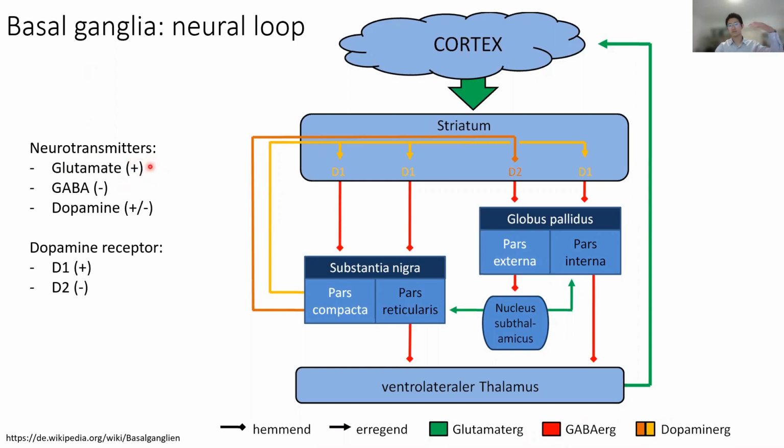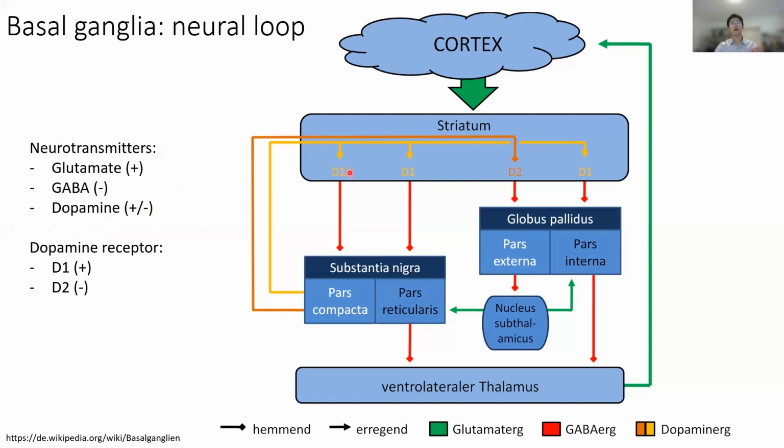That means if the previous neuron sends out glutamate, then the next neuron will be excited by glutamate. And if it's GABA, that means the neuron will inhibit the next neuron, which is connected. And there is a special neurotransmitter called dopamine. And dopamine can be either excitatory or inhibitory, depending on the receptor of the dopamine.